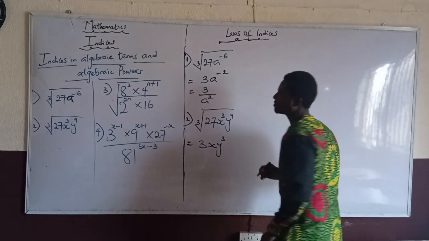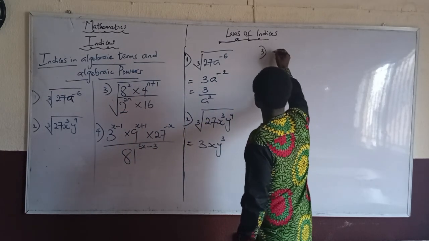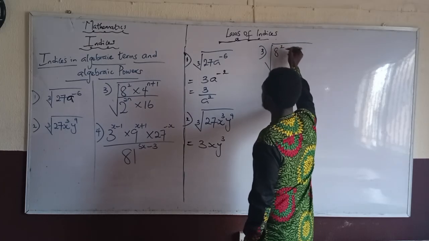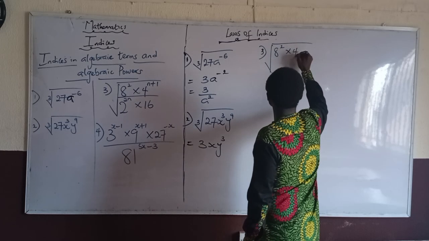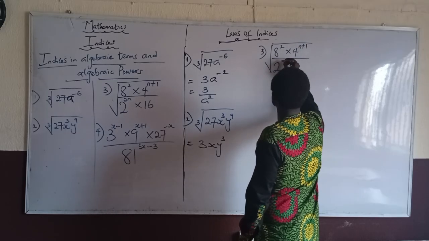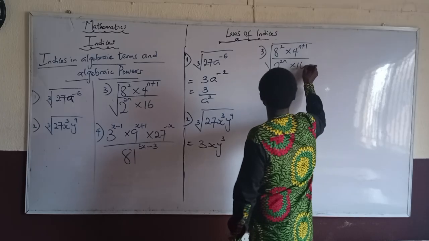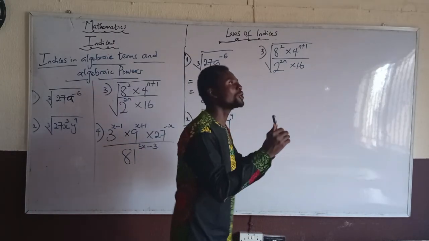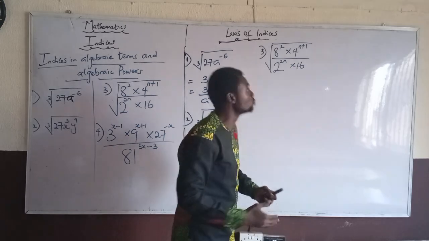So here, number 3, I have square root of 8 raised to power 2 times 4 raised to power n plus 1 divided by 2 raised to power 2n multiplied by 16. Now I will break all of this to a number in base 2.